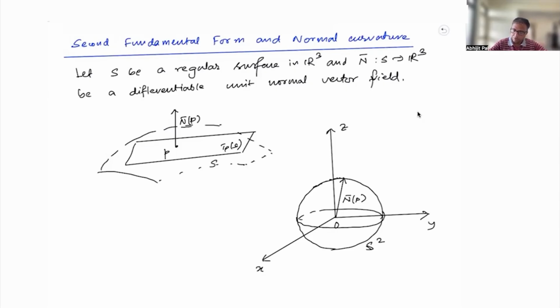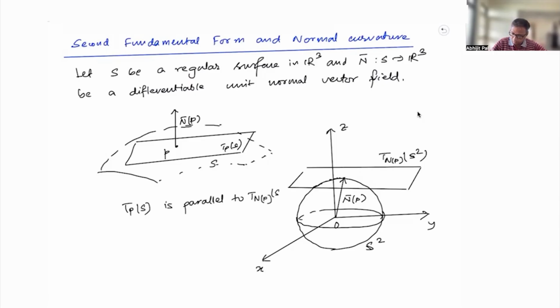Okay, and now observe that if I take the tangent plane at this point NP, this is the tangent plane at the point NP of the unit sphere S2. So this TPS is parallel to TNP S2.